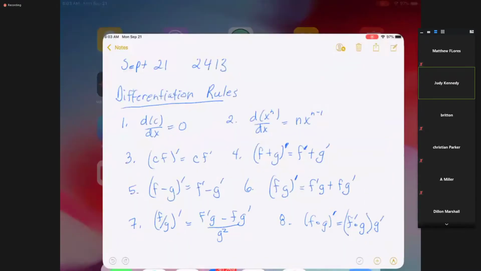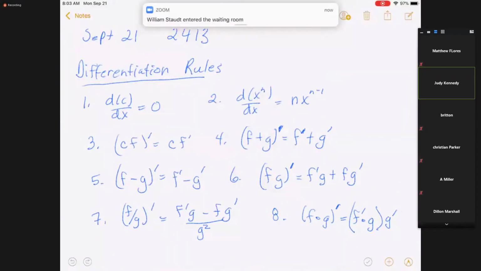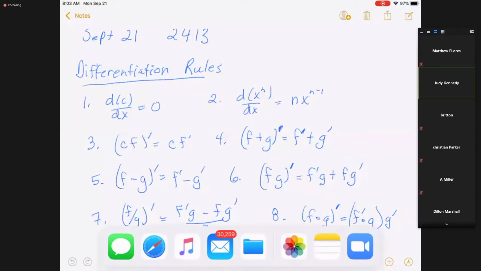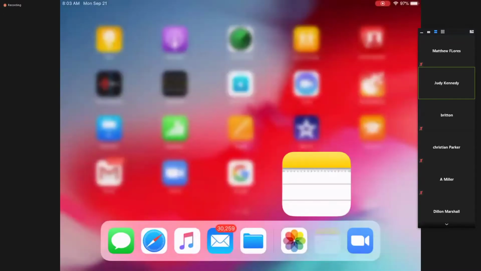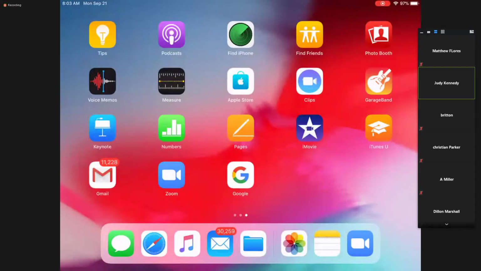Okay, we've been talking about. I surely wish I could figure out how to get Mr. Miller to do this. All right, let me go back and let Mr. Stout in. It would also help if people would get there on time.